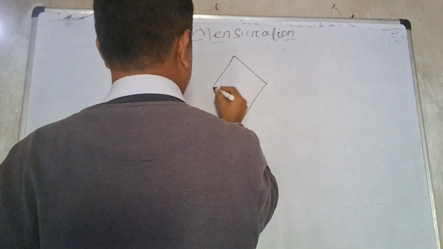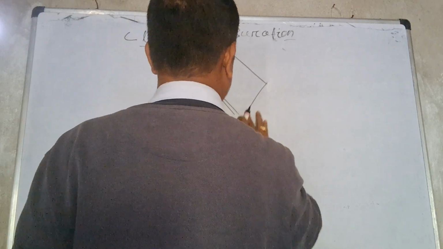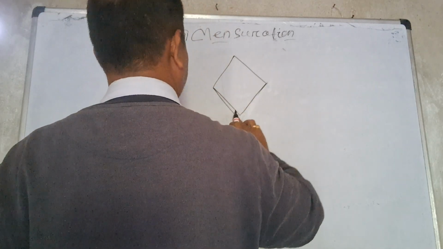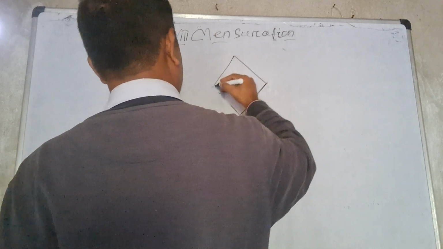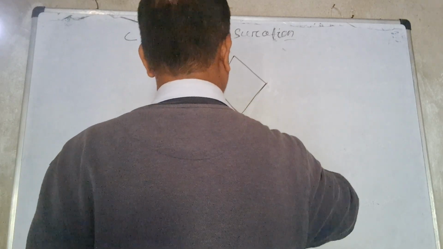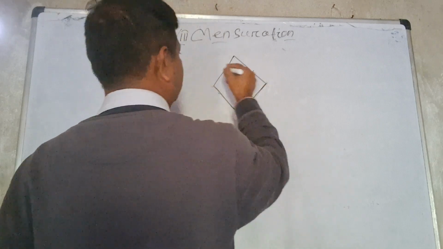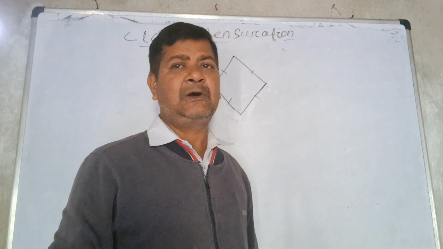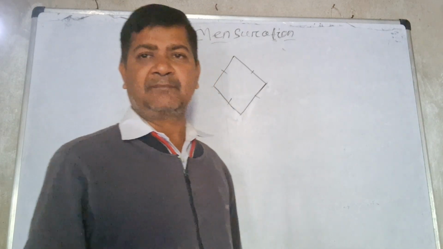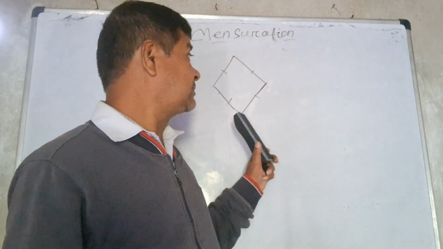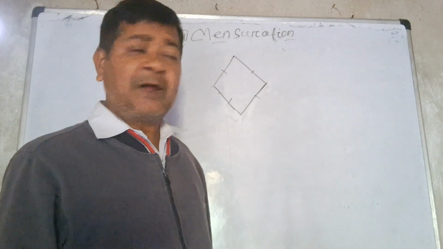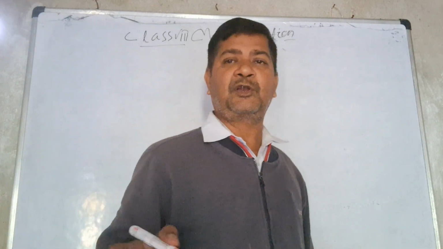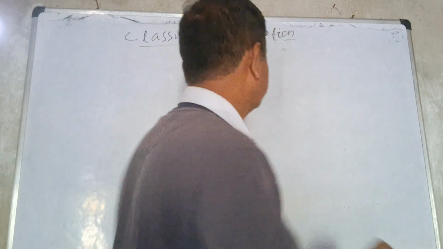All four sides are equal, then it is a rhombus. The only difference between your rhombus and square is that all angles of the square are 90 degrees, whereas in a rhombus, though all sides are equal, all angles are not equal, meaning not 90 degrees each.